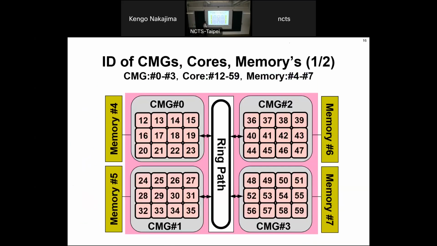The core IDs start from 12 to 23, 24 to 36, and the last one is 59. So CMG, memory, and cores don't share the same numbers, to avoid confusion. Anyway, you may have a chance to utilize these numbers.